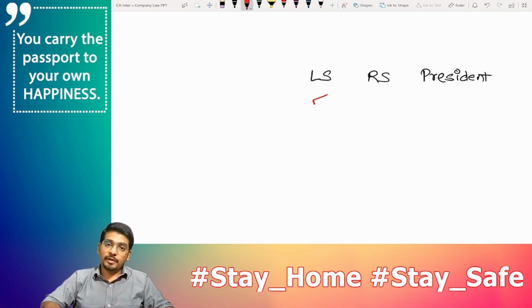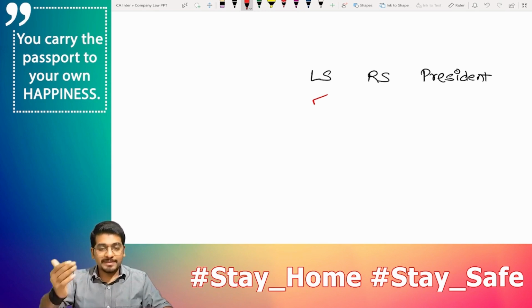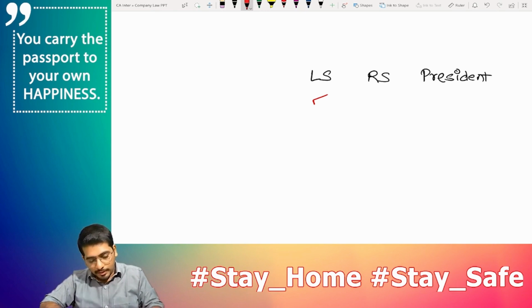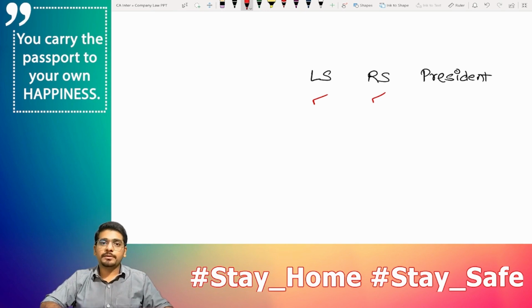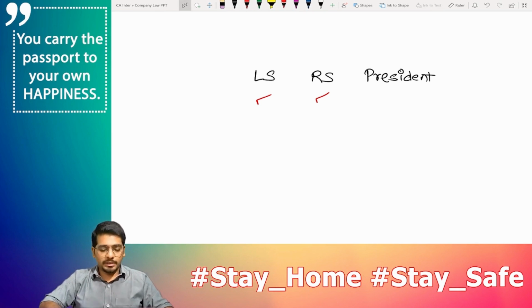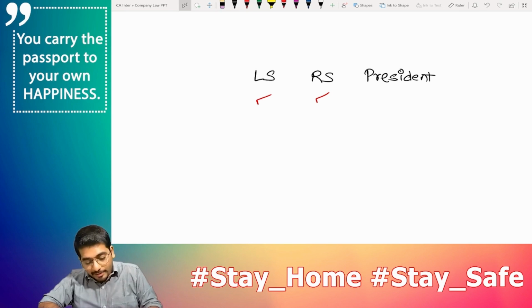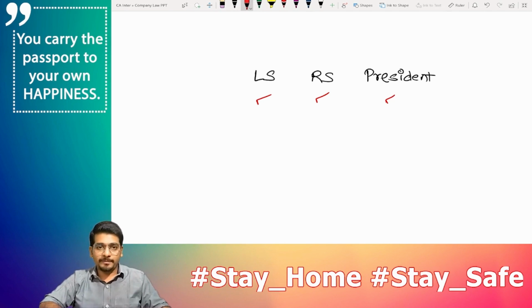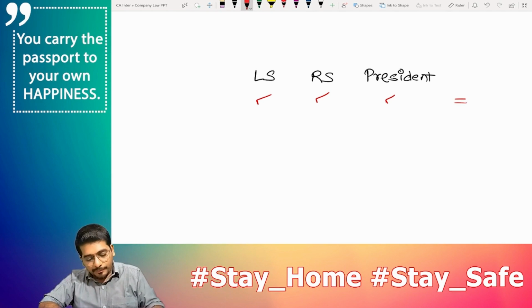Thereafter, when it is approved by the Lok Sabha, it is presented in the Rajya Sabha. If it is approved by the Rajya Sabha also, then it is sent forward to the president for his consent. When it receives the president's consent, then it becomes an act.